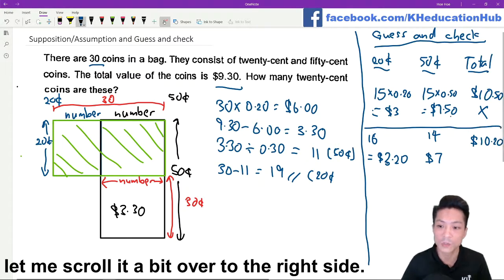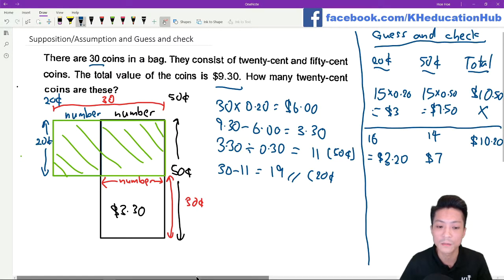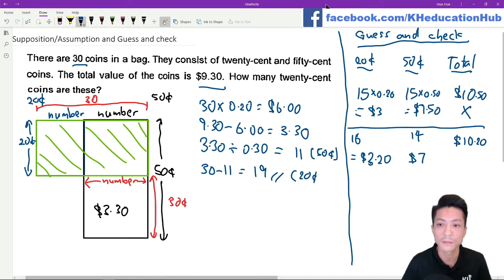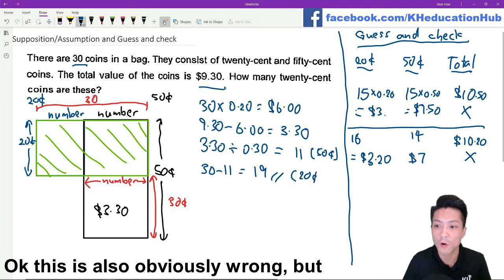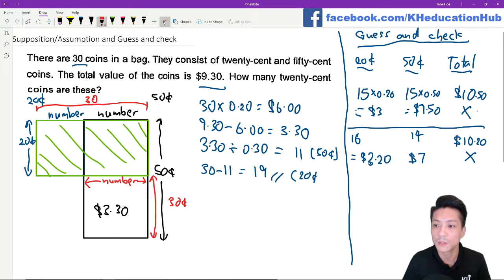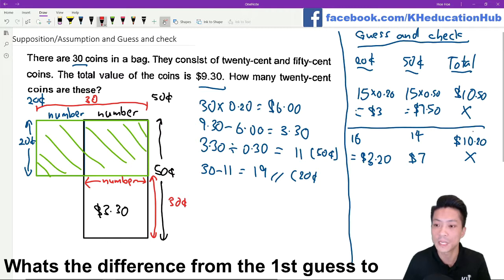Let me scroll it over to this side. This is also obviously wrong, but what we want to look out for is the difference from the first guess to the second guess.